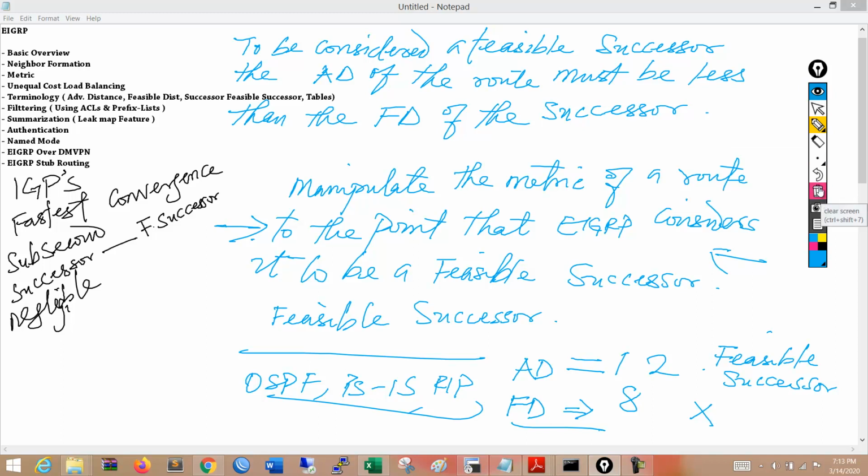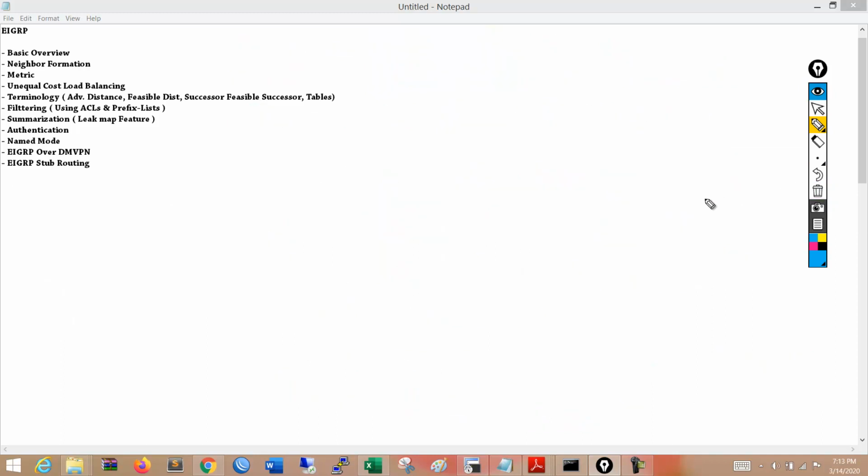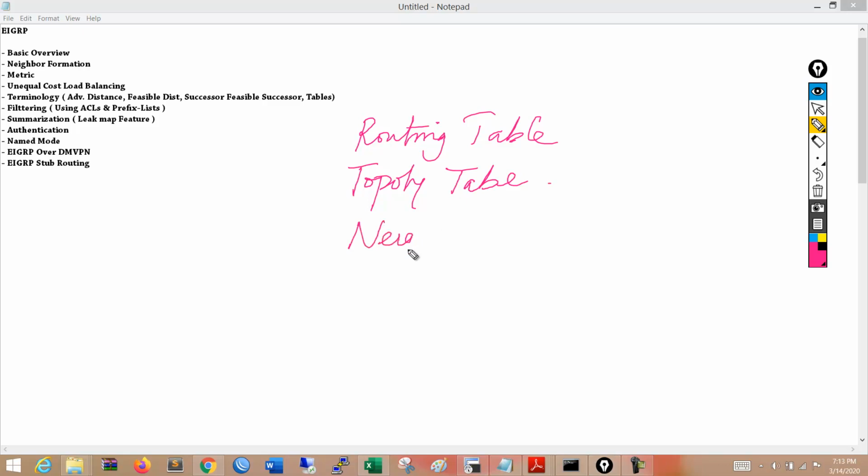So that is that about some of these terminologies. Talking about tables, EIGRP keeps 3 tables. Number 1 is the routing table. The second one is the topology table. And the last one is the neighbor table. So what goes into these tables?